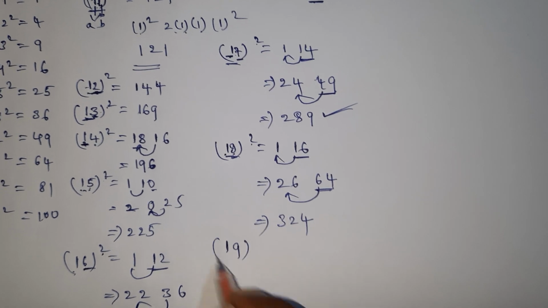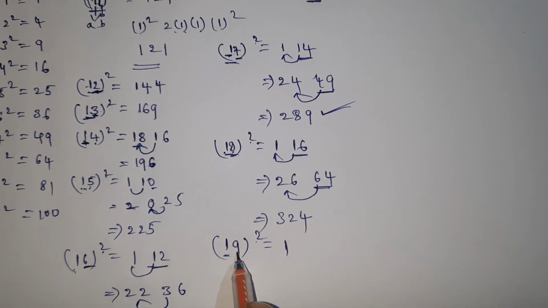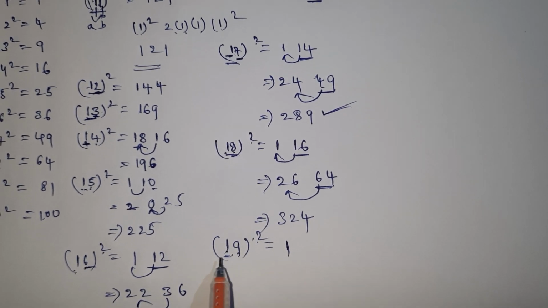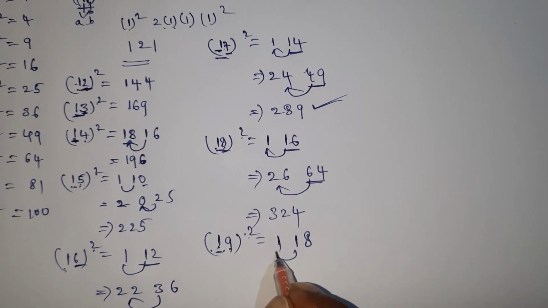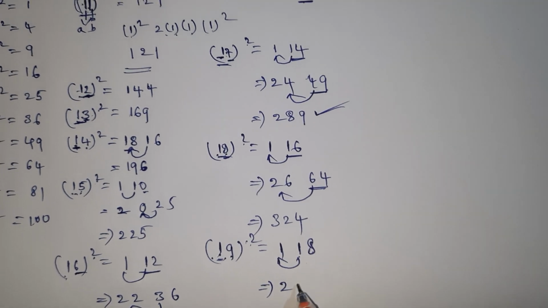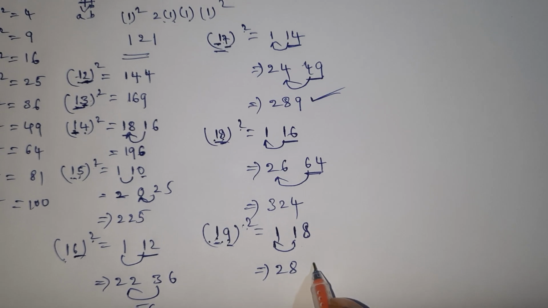Next 19 square. 1 square 1, 2ab, 2 into 9 is 18, 18 into 1 is 18, so keep 18. In this 18, 1 is carry, added to 1, then 2 and 8 written like this. And 9 square means 81.